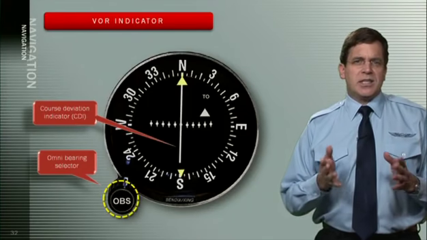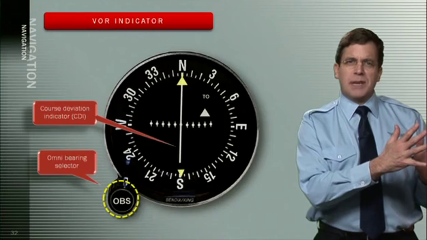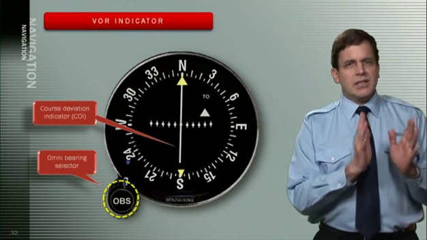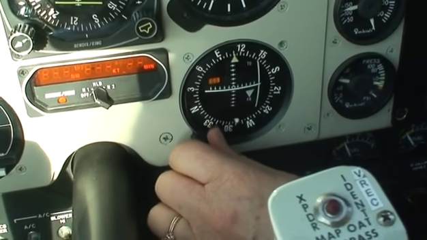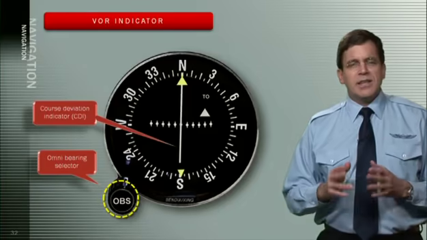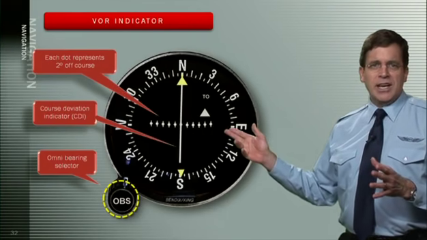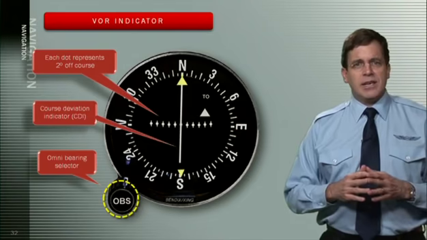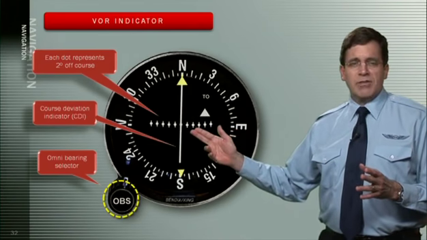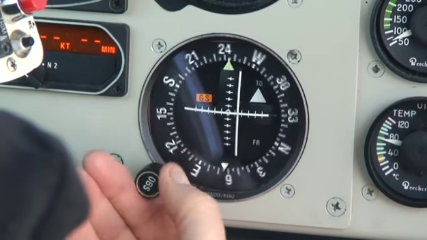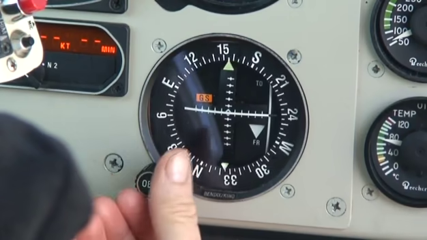If the needle is deflected to the left, you must fly the aircraft to the left to re-intercept the center of the course. The same holds true if the needle is shifted to the right, then you must fly to the right to re-intercept the course. A series of dots, left and right of the deviation indicator, indicates left and right deviation, with each dot representing 2 degrees of deviation. Another component is the TO/FROM indicator that's shown here.